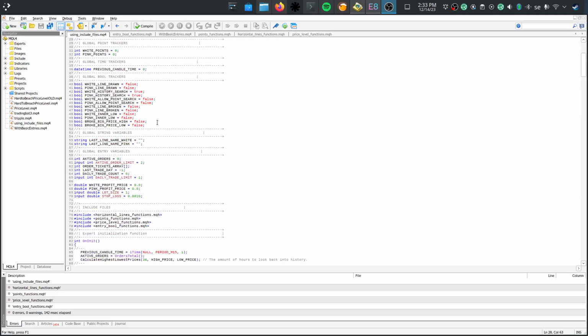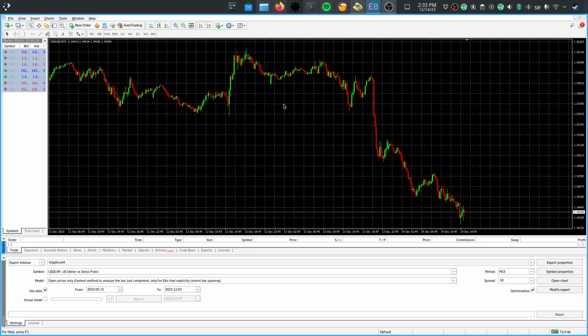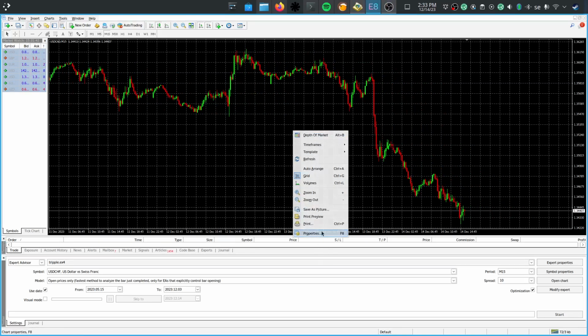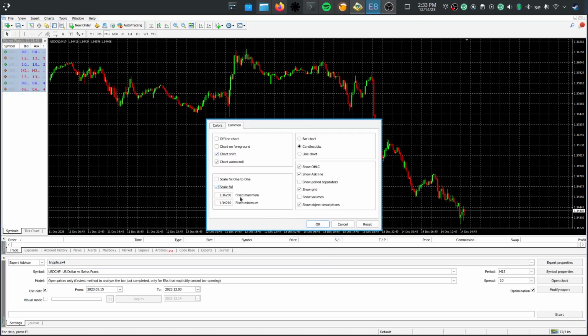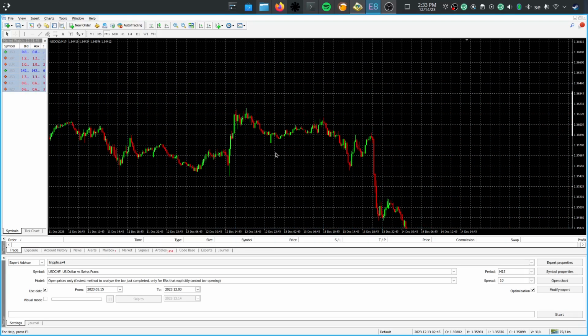So I have a specific pattern I follow. I look for price levels in the market. Let's say this is a price level here at 1.3612. I see that two times the price has rejected that zone and headed back.